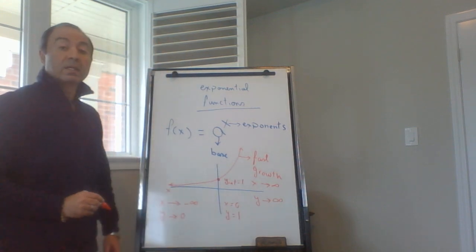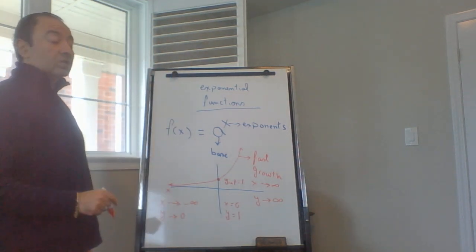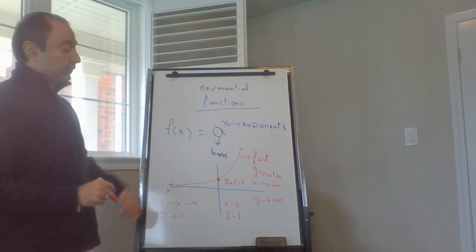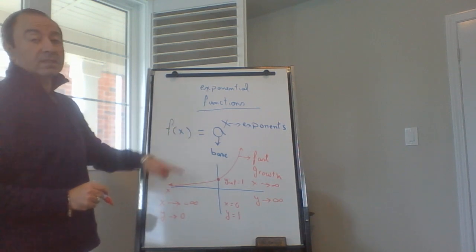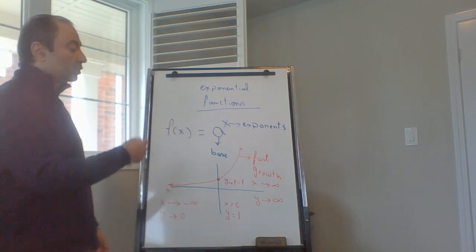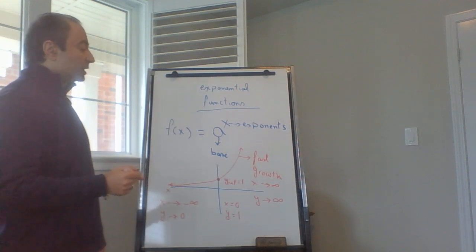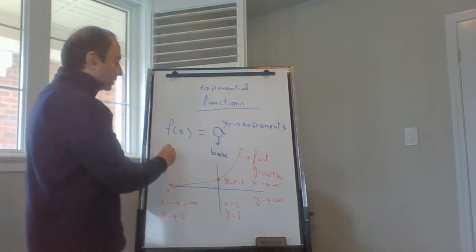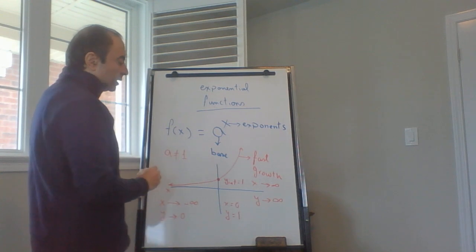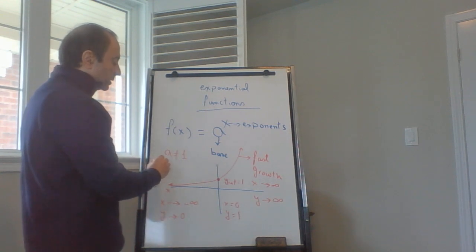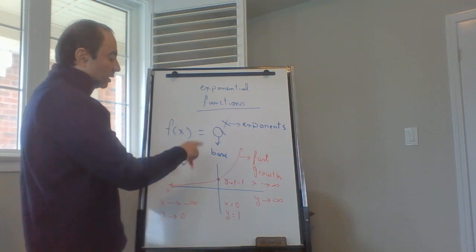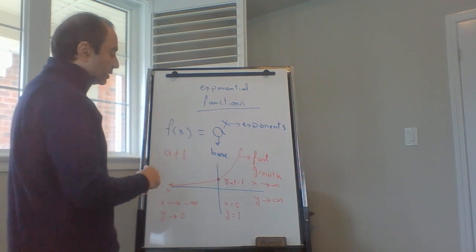These are the features of any exponential function, regardless of the base. The base could be 2, 3, 4, as long as a doesn't equal 1 and a is greater than 0, the graph will look like this.